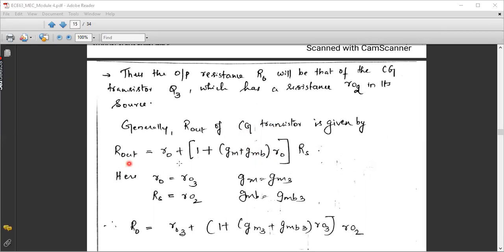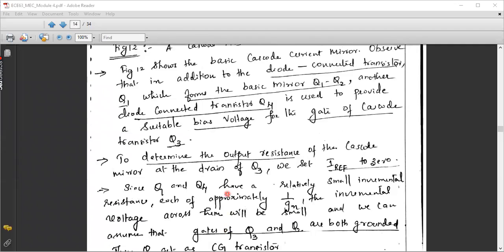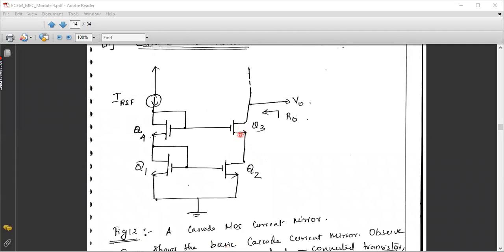You need to study this, because in the second module also we are having numericals, and for the numericals we need to study the expressions. I have taken that expression directly, and in this we are going to substitute the relevant parameters, or modify this equation in such a way that R0 becomes R03, because the output resistance is that of Q3.